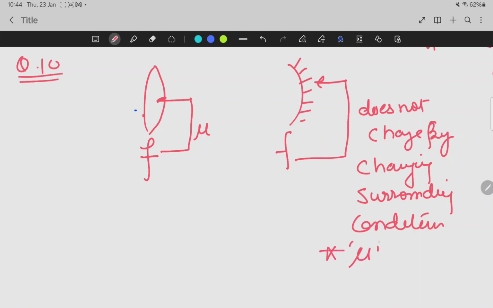This is important. The focal length of the mirror is not going to change. Fine.